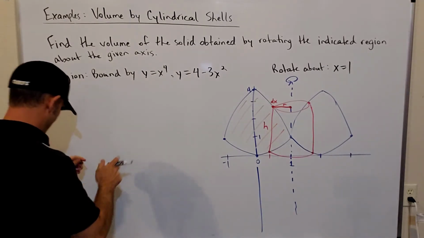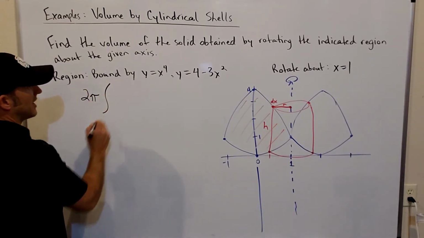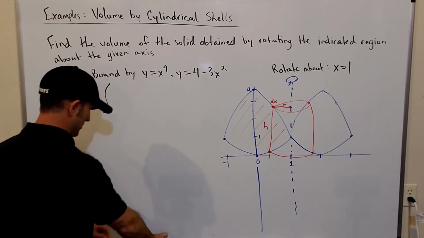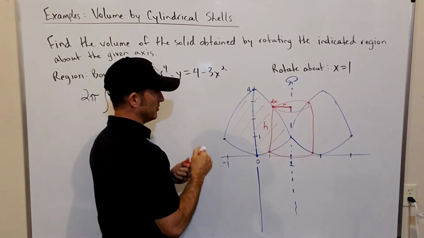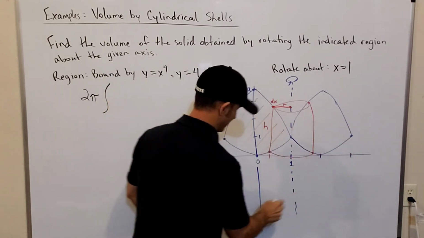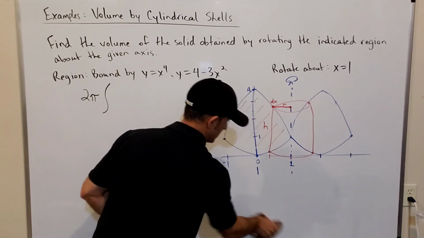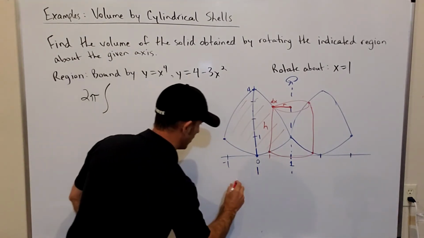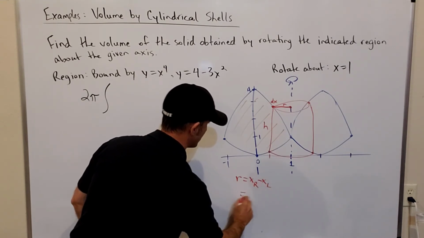So we've got 2 pi times the radius. We need to write r and h in terms of x. I forgot to do that. So r is measured horizontally. So I'm going to take r to be the rightmost x minus the leftmost x.